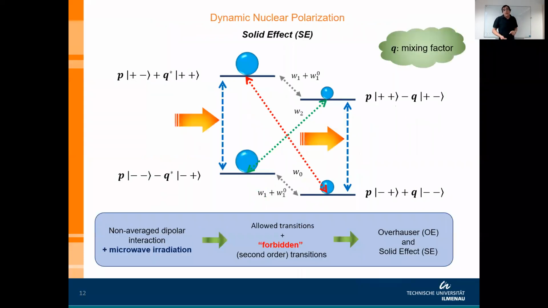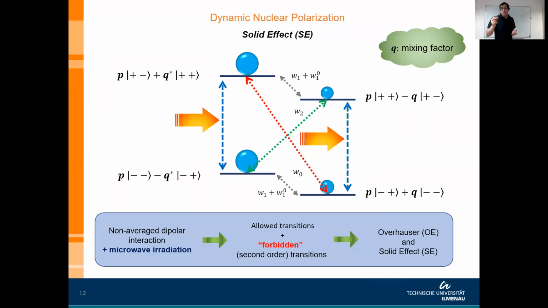Well, let's see. What I described until now is the Overhauser effect, right? There is also another effect, the solid effect. This happens when we have mixing between levels, and this mixture can be described by a linear combination of the states, where P and Q are the mixing factors and the sum is 1.